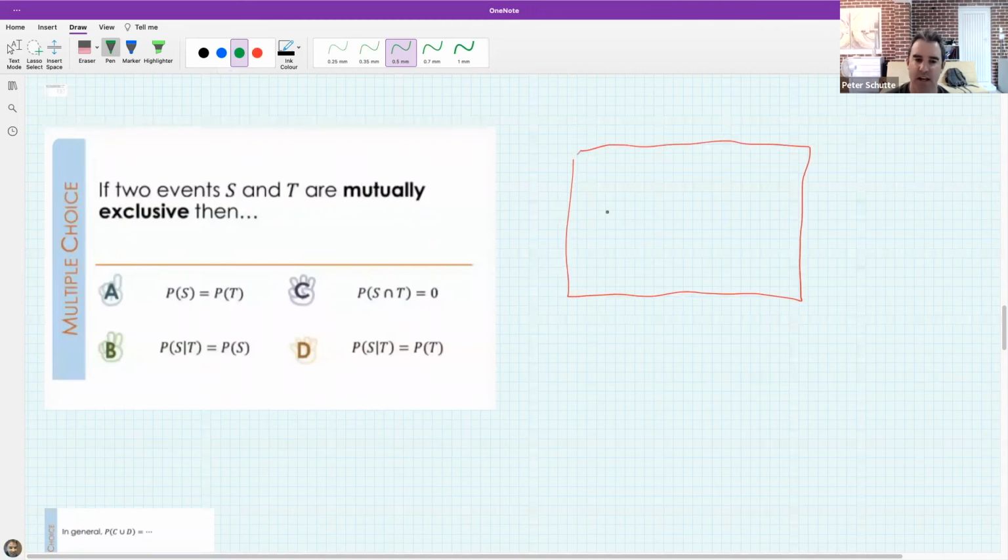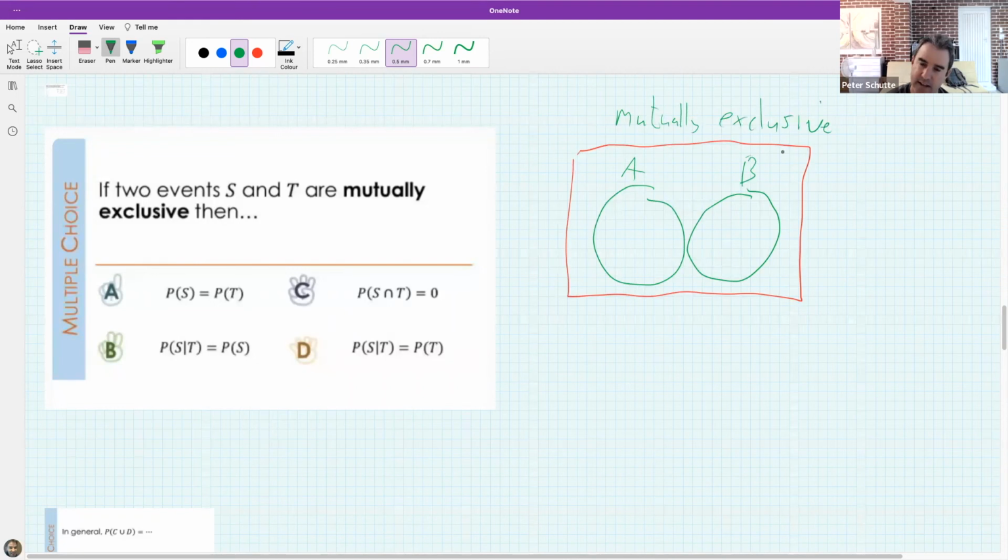They're using the smiley faces and unsmiley faces, but mutually exclusive events would look like this. I'll give you a hint. That's in a Venn diagram. That's what a mutually exclusive event looks like. An example would be if you've got a dice, evens and odds are mutually exclusive.